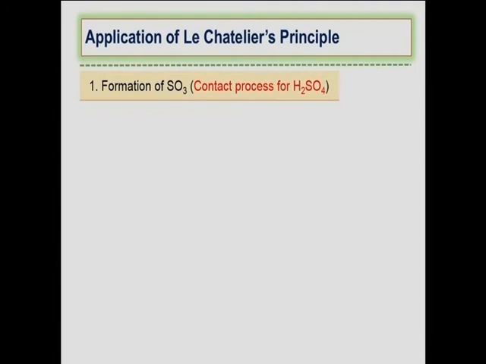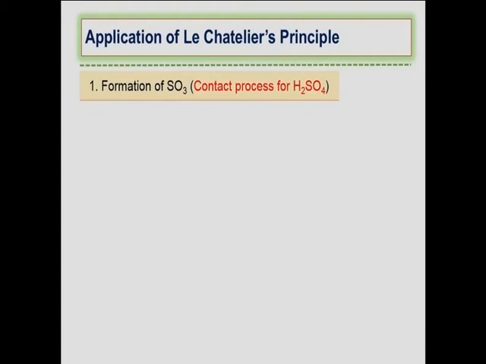So Le Chatelier's principle can be well used in the formation of sulfur trioxide, and this sulfur trioxide is used further to prepare sulfuric acid, which is known as the contact process. And sulfuric acid is one important chemical compound we also call the king of chemicals.